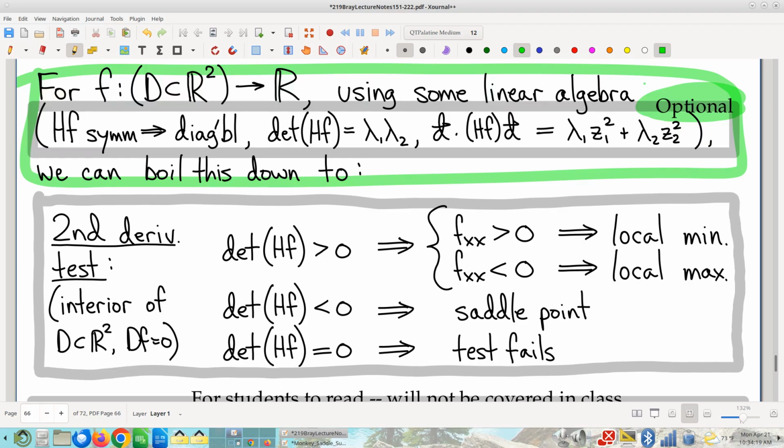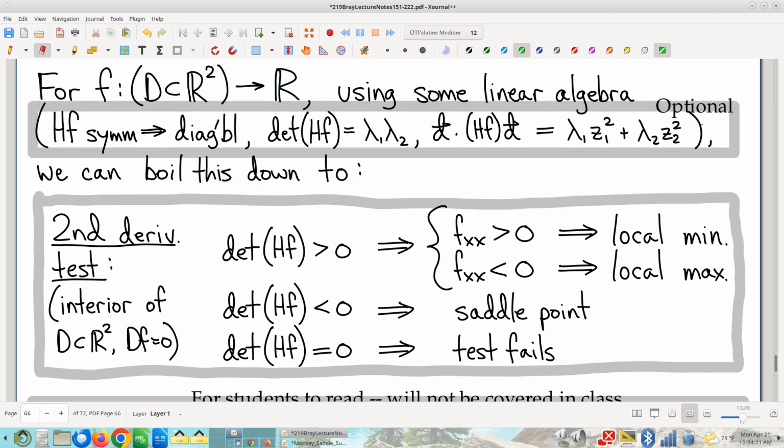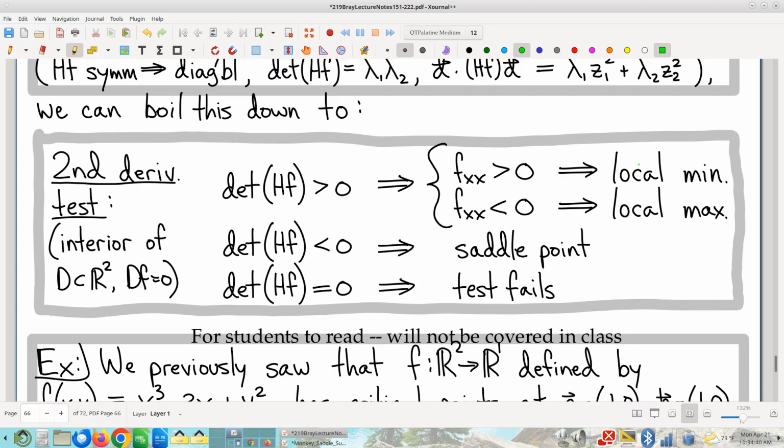But it is some pretty cool linear algebra, and if you're curious, this is kind of an outline, just hitting some landmark points along the way, and feel free to try to fill in the gaps if you're looking for a linear algebra challenge.